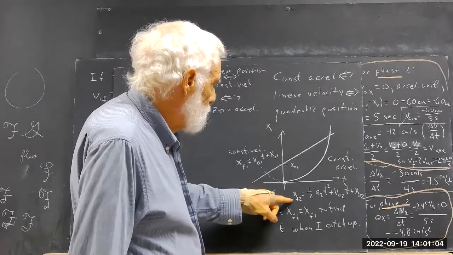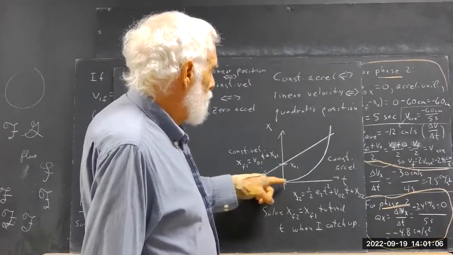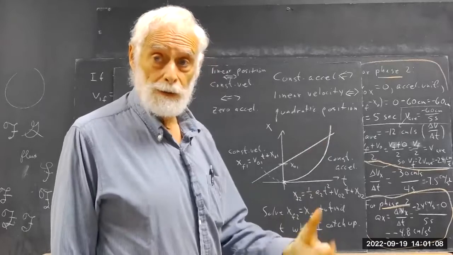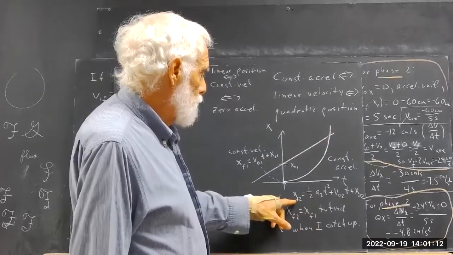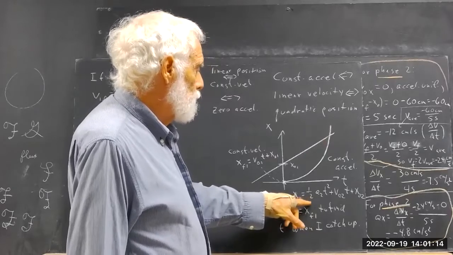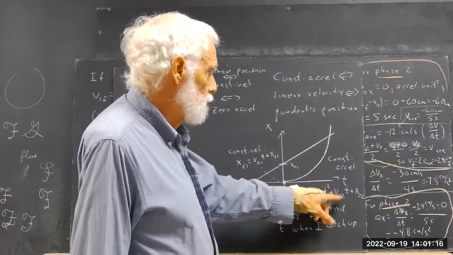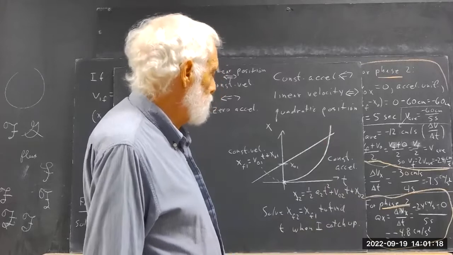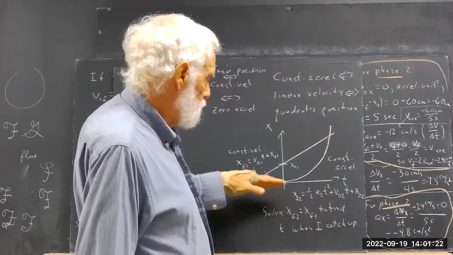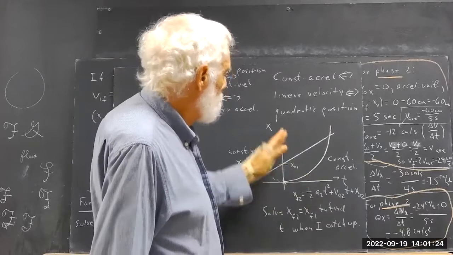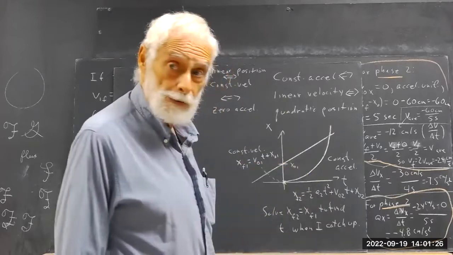Okay, so anyhow, let's assume I accelerate constantly. So my function, I'll call it xf2, is 1/2 a2 t squared plus v02 t plus x02. My v02 is 0. I'm starting from 0 velocity. The slope of my position curve is 0 at this instant.